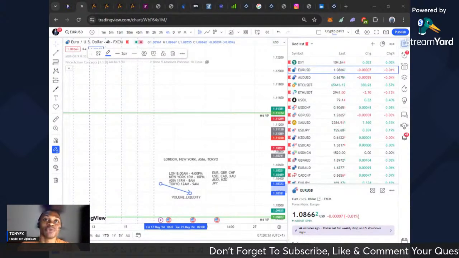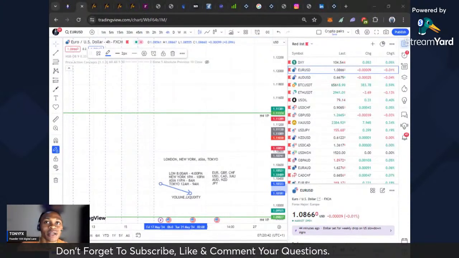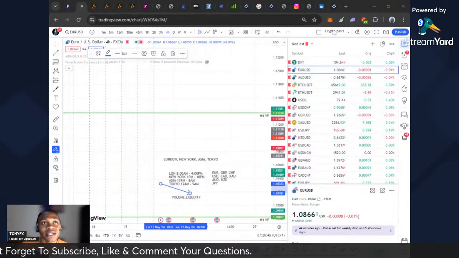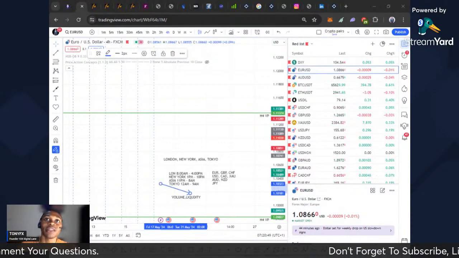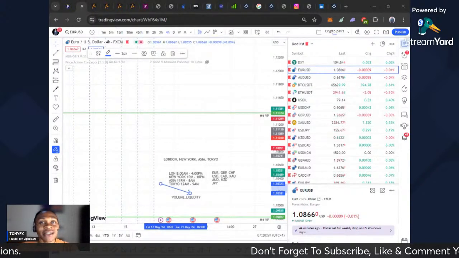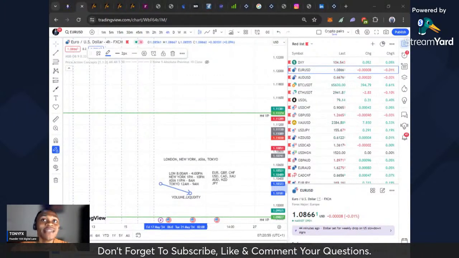When I say total market participants, I'm talking about the banks, companies, hedge funds, and retail traders like you and I. These are the people involved in moving this market.